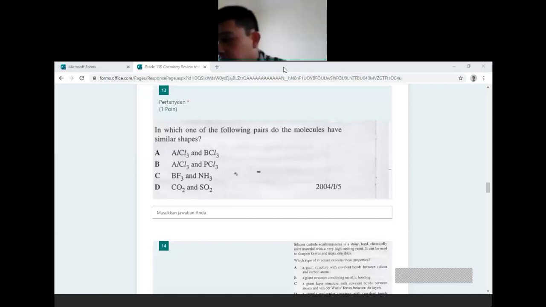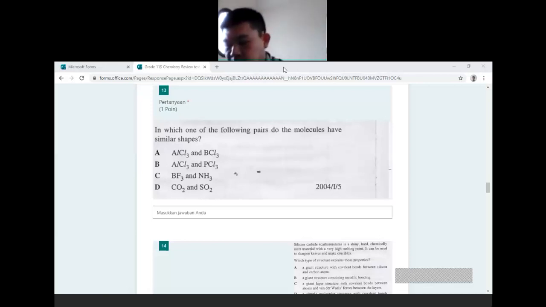BF3 and NH3. BF3 has 3 bond pairs and 0 lone pairs, and it has a bond angle of 120. NH3 has 3 bond pairs and 1 lone pair, so the bond angle is 107.